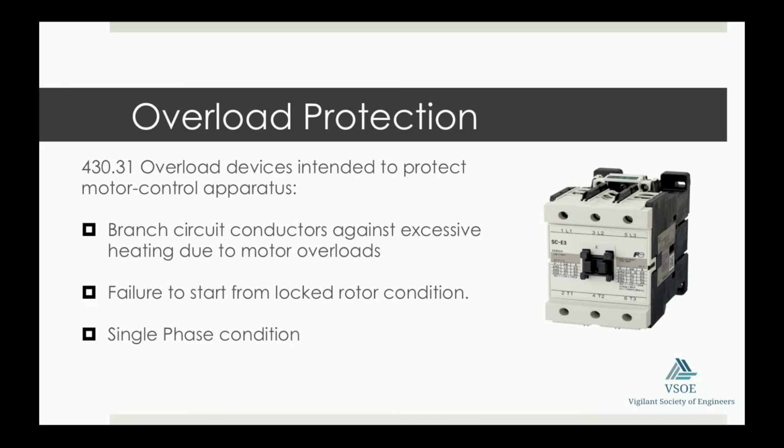So even if we experience an overload condition on each phase, the motor overload protection should provide isolation for the motor. Any additional friction in the motor shall lead to an overload condition, and this condition is typically detected by an overload protection device.